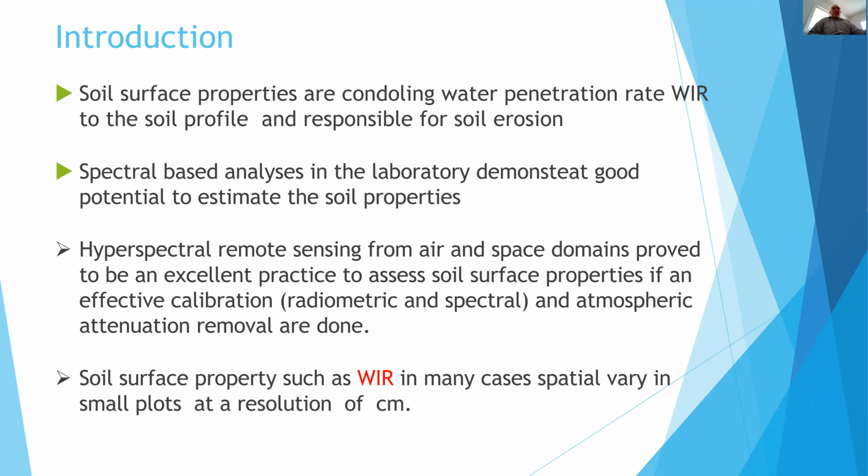We call it WEIR. Spectral-based analysis in the laboratory demonstrates very good potential to estimate soil properties in general. So why not find out if spectral information can predict the water infiltration rate to the soil using, first of all, laboratory, field, and then drones.